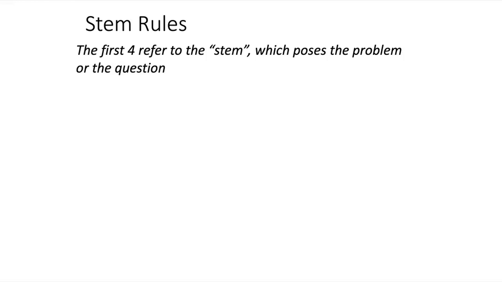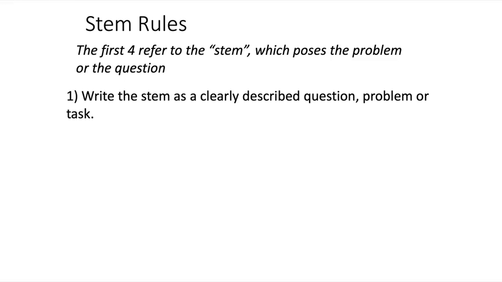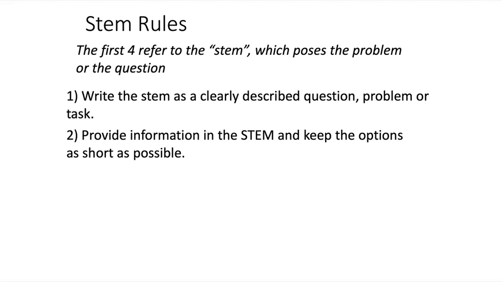So starting with the stem part of the question, we want to write the stem either as a very clearly articulated question or a problem or some kind of a task. We want to put as much information into the stem part of the question as possible, keeping the options as short and concise as possible.